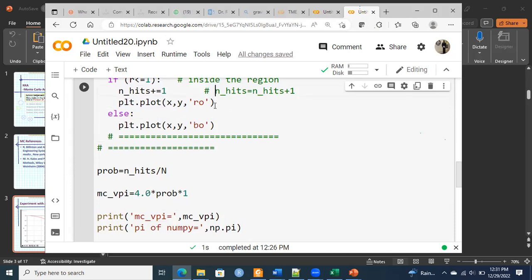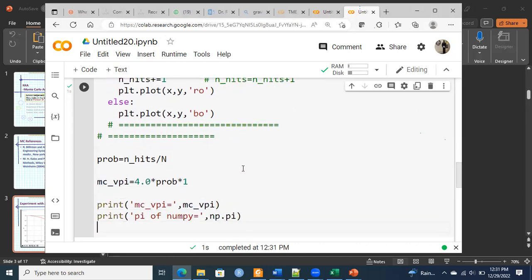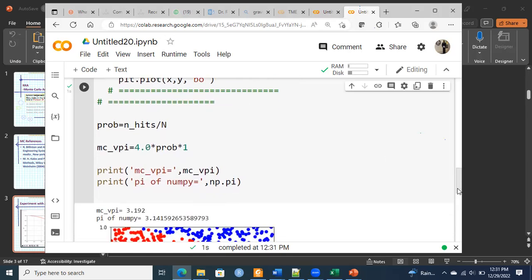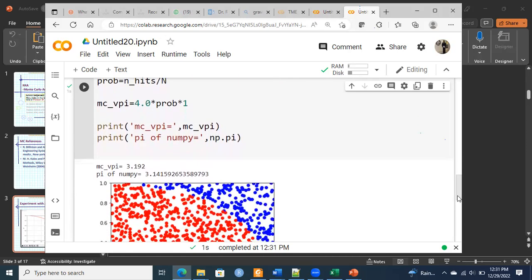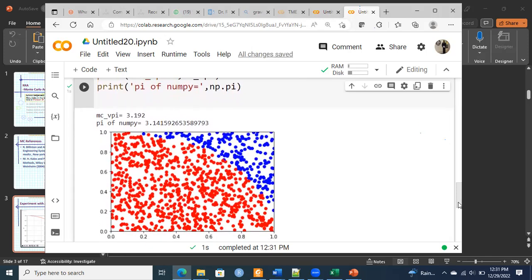The points inside, under the curve, are red and the others are blue. Here we go. We have got the result, which says things are correct. And let's see. 3.19, and pi of numpy is 3.14, and the figure is also there.